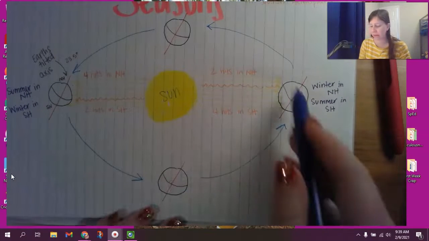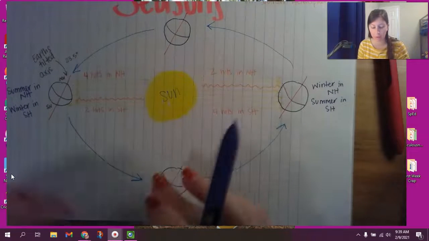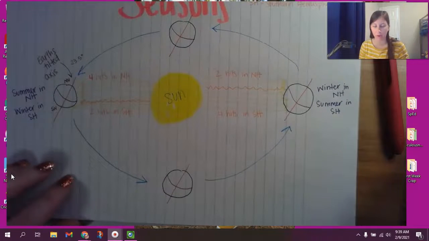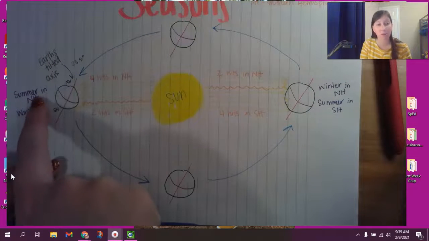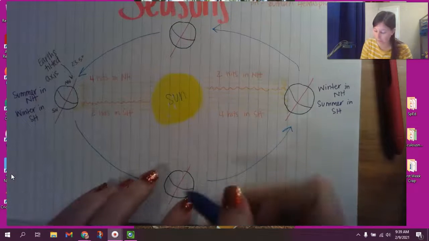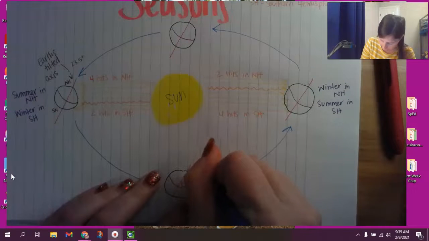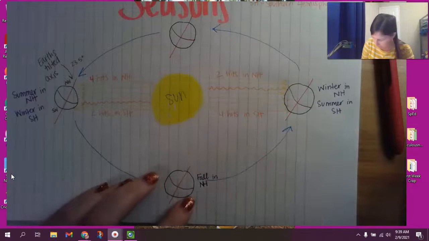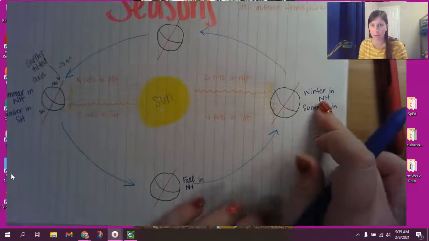So what would that leave these two as? Well, thinking about the seasons and the order that the seasons go in. After summer, we have fall in the northern hemisphere. After fall, we have winter in the northern hemisphere.